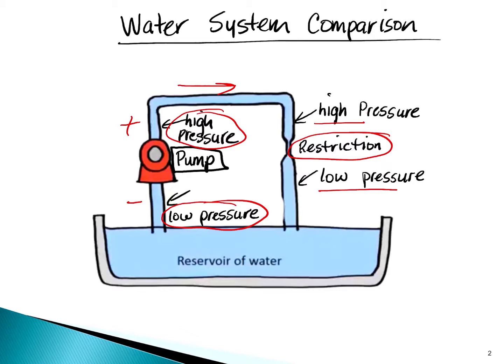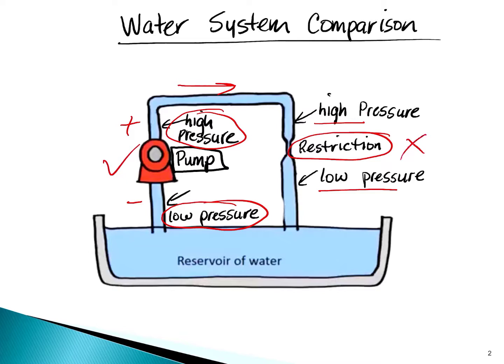If there was a valve in here turning off flow, you would see a high and low pressure from the pump, but you would not see a high and low pressure from the restriction, because the restriction is dependent on the flow.